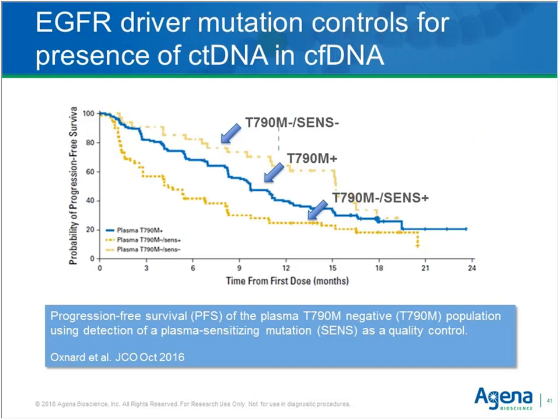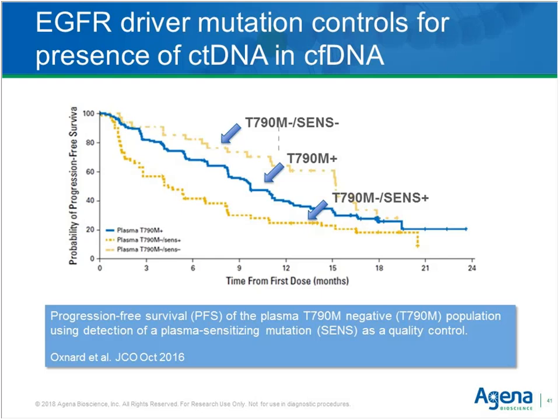But in the opinion of many authors and scientists, it is not enough to just detect the T790M marker. Here's why. In this graph, you see a blue line which shows the progression-free survival of patients where the T790M marker could be detected.